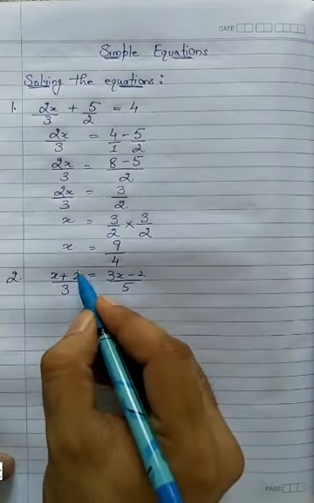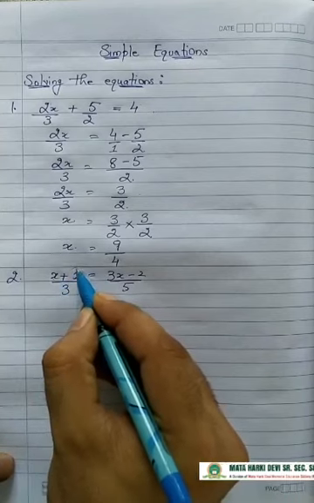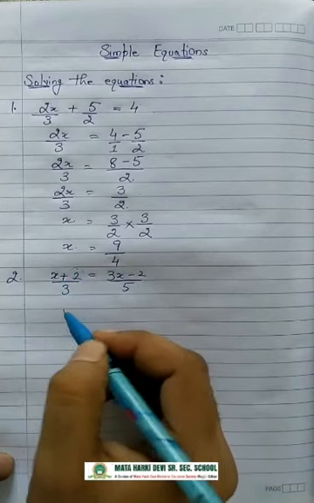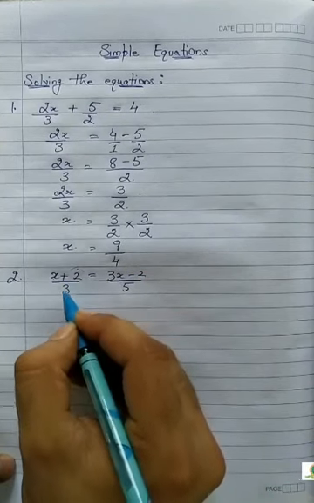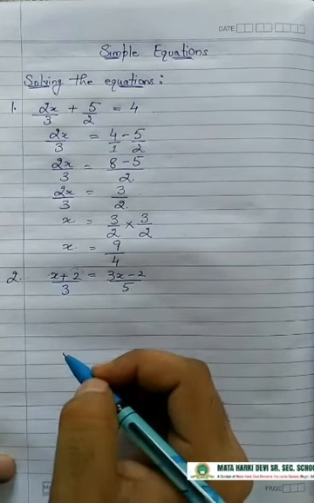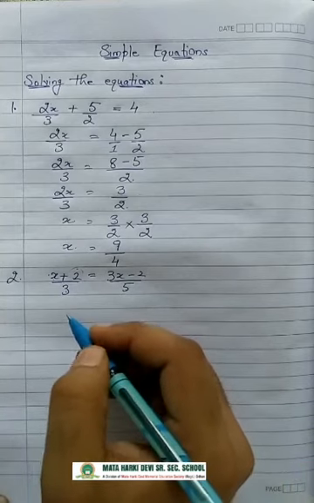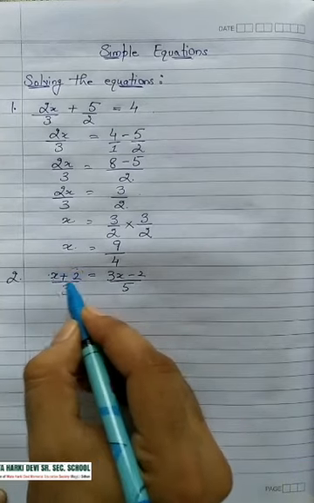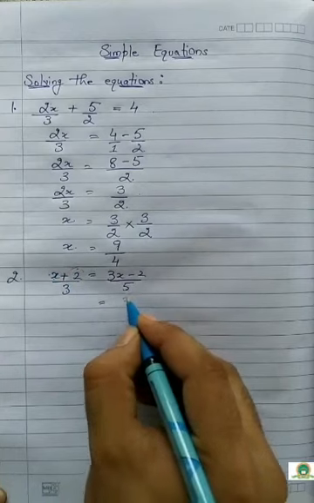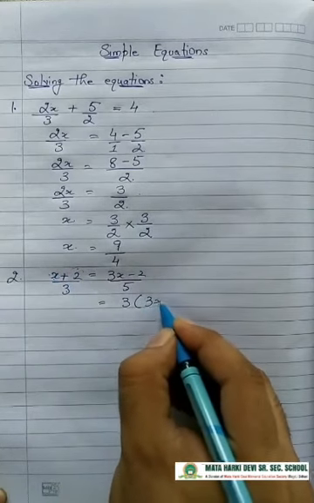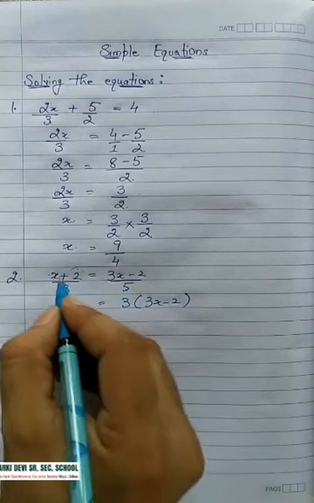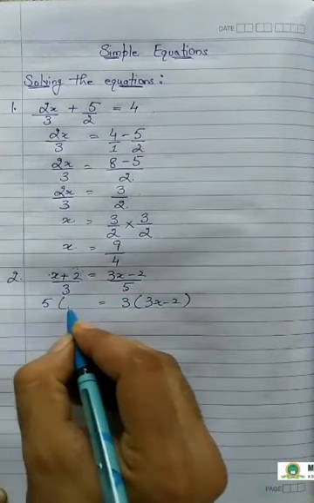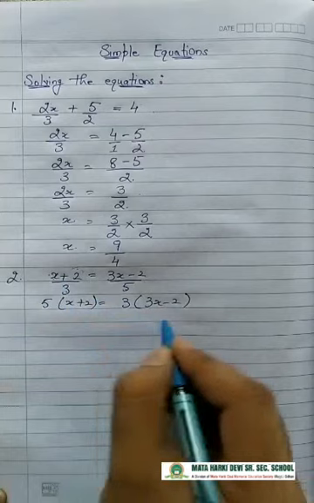And also you cannot take this full 2 by 3 to the right side. The reason is this 3 is not only dividing the 2, it is also dividing this x. So 3 is dividing all, take it to the right side and multiply with all. 5 is dividing all, take it to the left side and multiply with all.